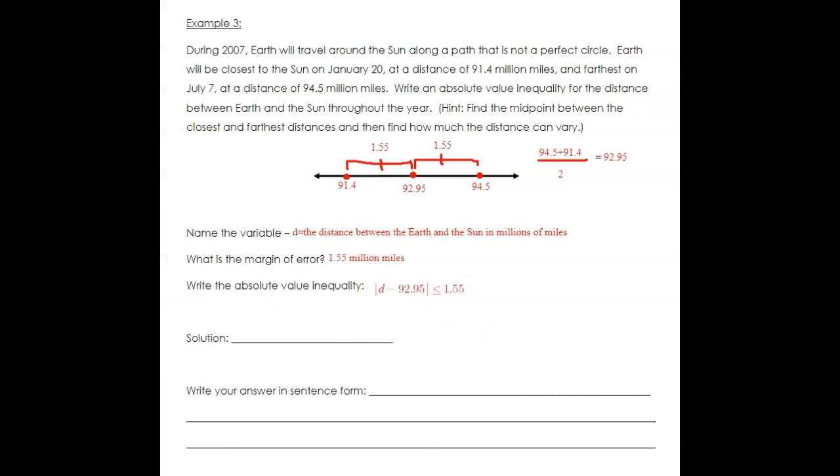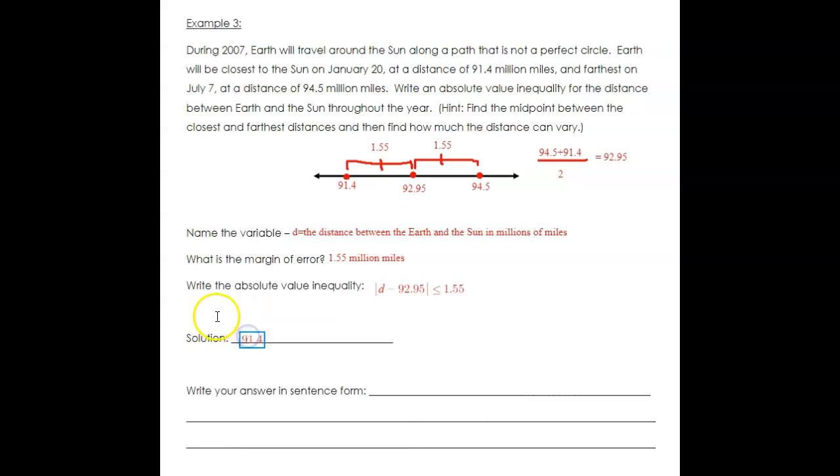Now, it asks us for the solution, so typically we would need to solve. But in this case, if I were to solve, I'm already going to get those two values that I was given in the problem. So I can just use those two values to write my solution with the smaller value going first. So 91.4 million miles.